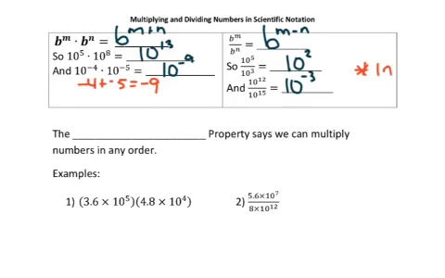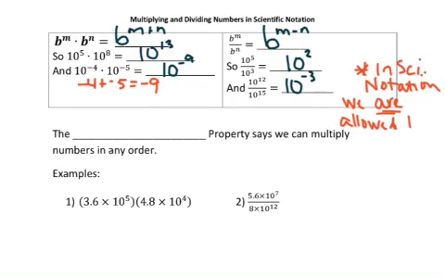But in scientific notation, we are allowed to have negative exponents. So it depends on the situation.